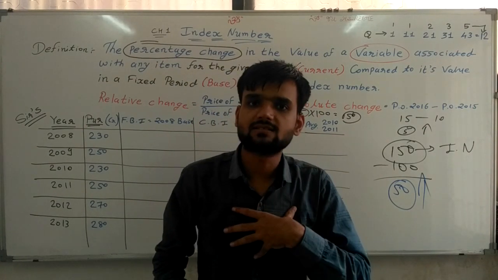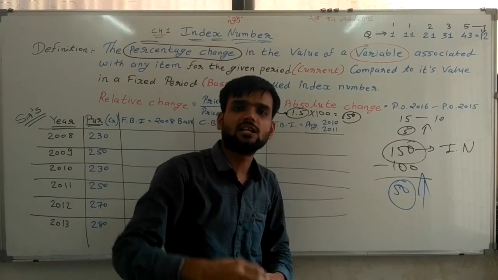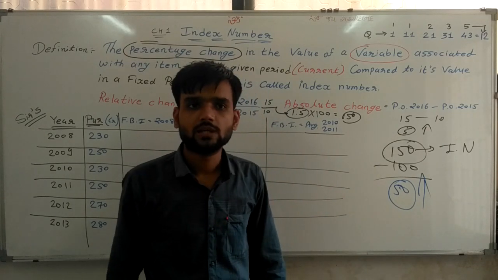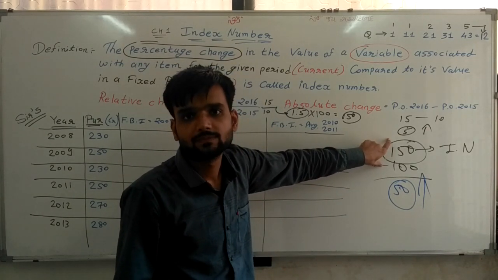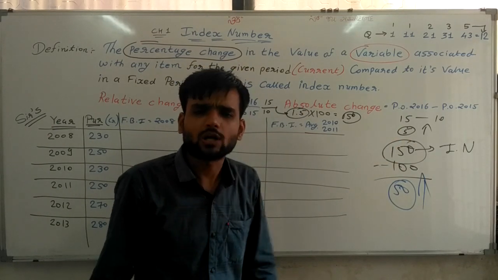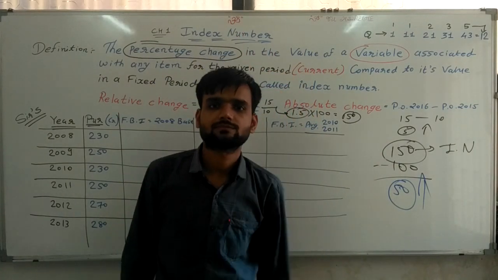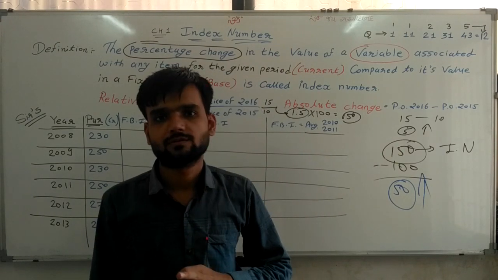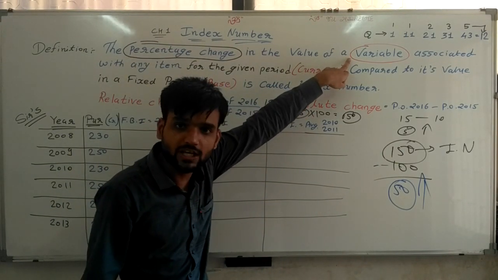It means I can say here the increase in the value of the variable is 50 percentage. Index number is 150. So what is index number? Index number is a percentage change in the value of variable.